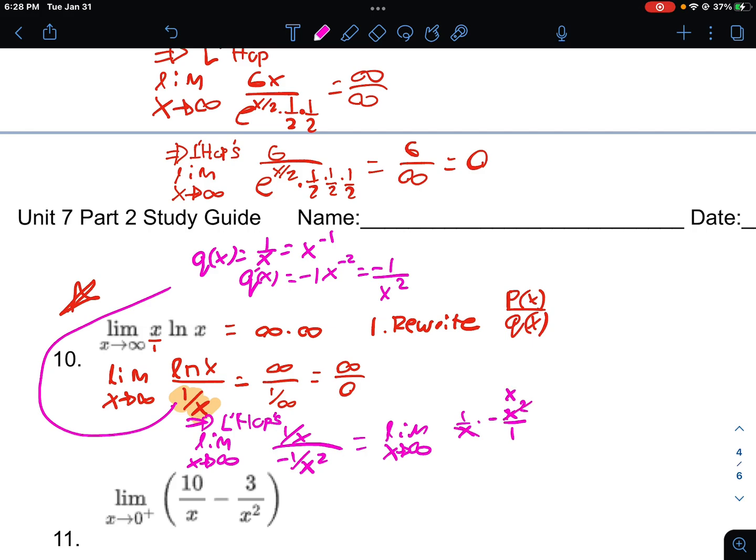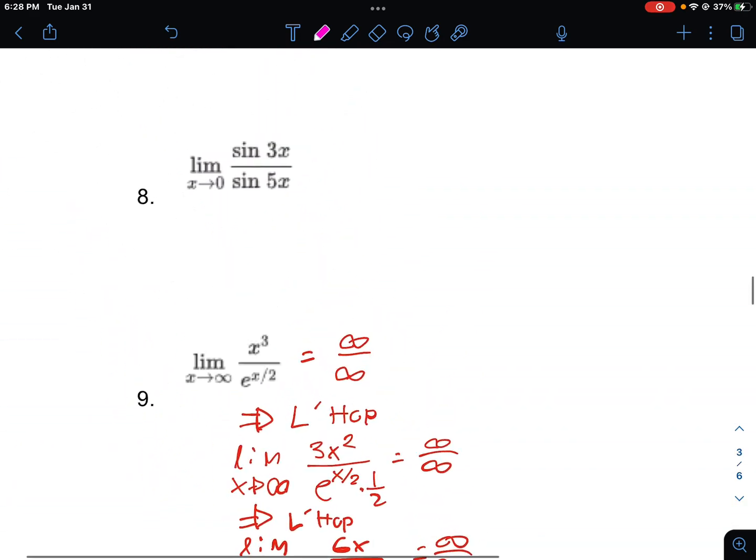I'm going to be left with x to the power of 1. So I'm going to take the limit as x approaches infinity of negative x. If I do this, this is going to approach negative infinity, which means that the function diverges. Okay. All right. Well, the limit diverges.